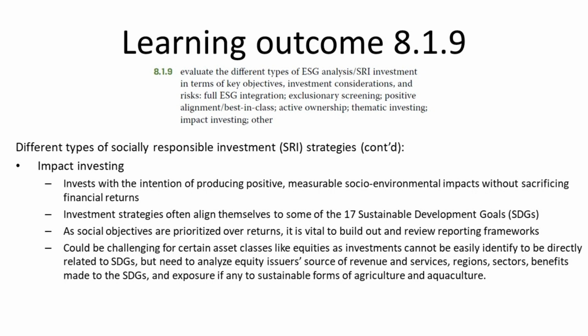And impact investing can be challenging for certain asset classes like equities, as investments cannot be easily identified to be directly related to SDGs. But we need to analyze equity issuers, source of revenue and services, regions, sectors, benefits made to the SDGs, and exposure, if any, to sustainable forms of agriculture and aquaculture.